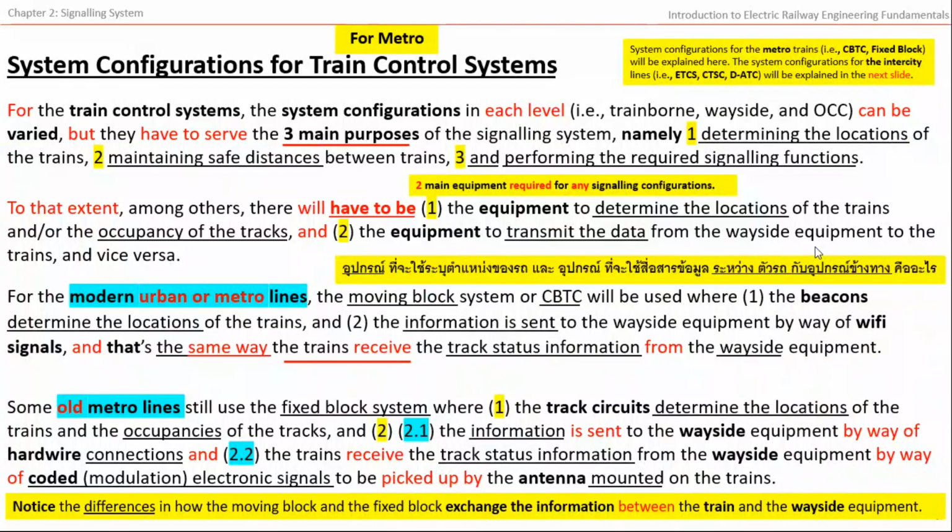Signaling configuration for train control system, we will talk about metro trains.